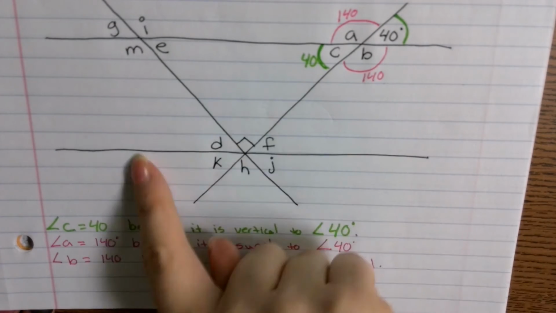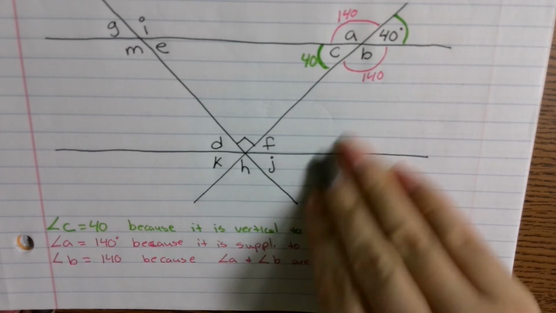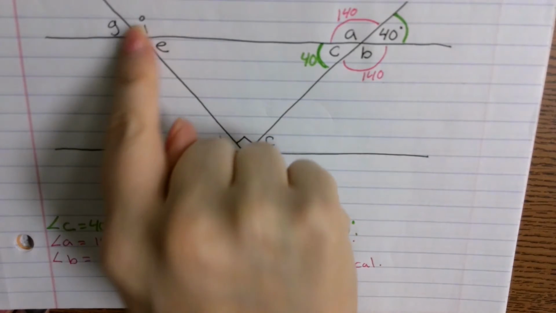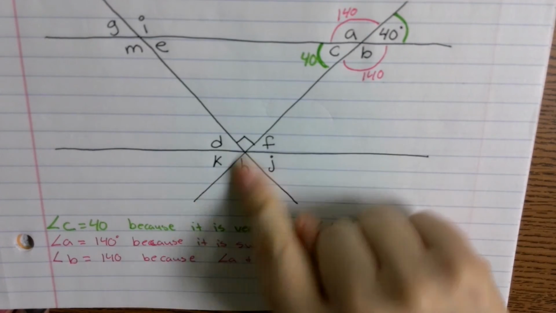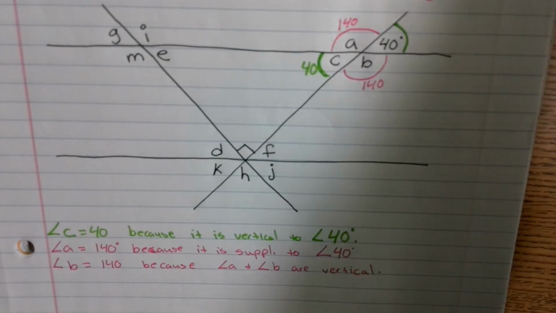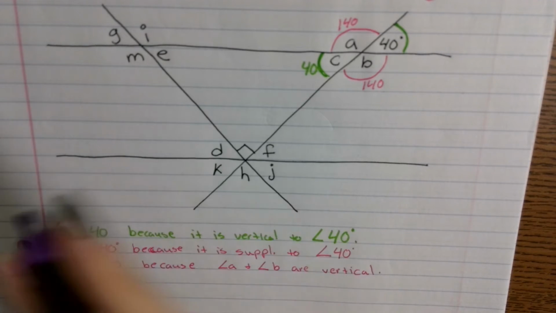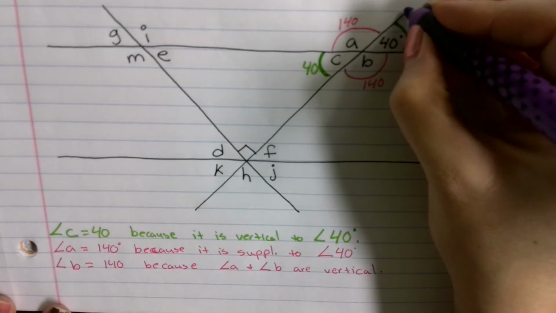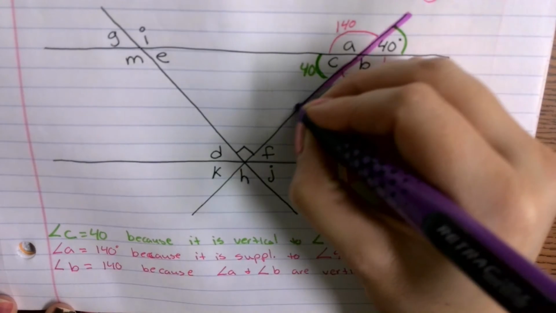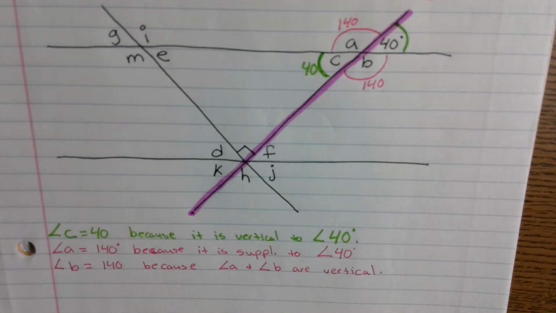But we have 2 separate transversals. So that means some of these angles down here are going to correspond to this cluster, and some of these angles down here are going to correspond to this cluster. The best thing I can tell you, because you can't exactly rewrite it, is I'm going to highlight this transversal with purple.